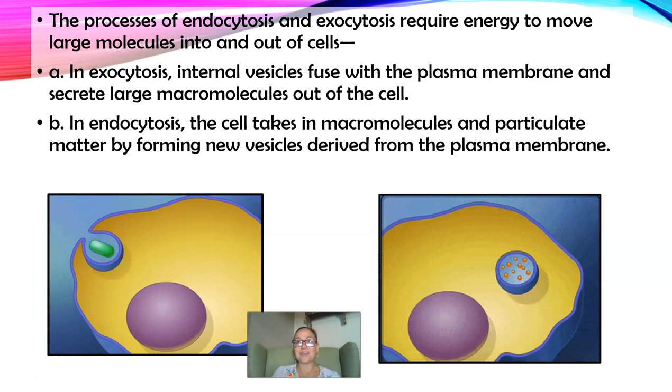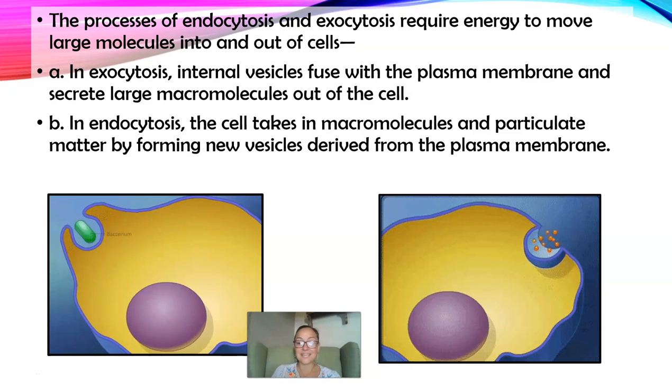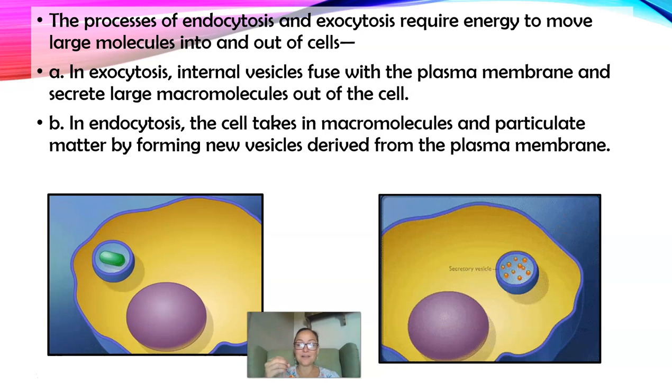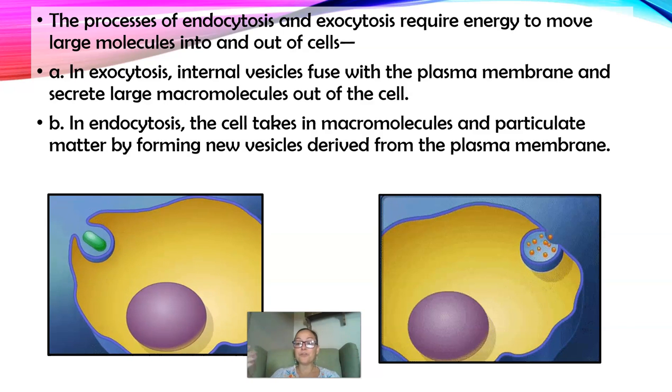So for example, if our pancreas is releasing insulin, insulin is a protein and will be sent out of the cell in this way. And so you can see how a vesicle carrying protein will fuse with the lipid bilayer, and then the proteins are sent out of the cell.